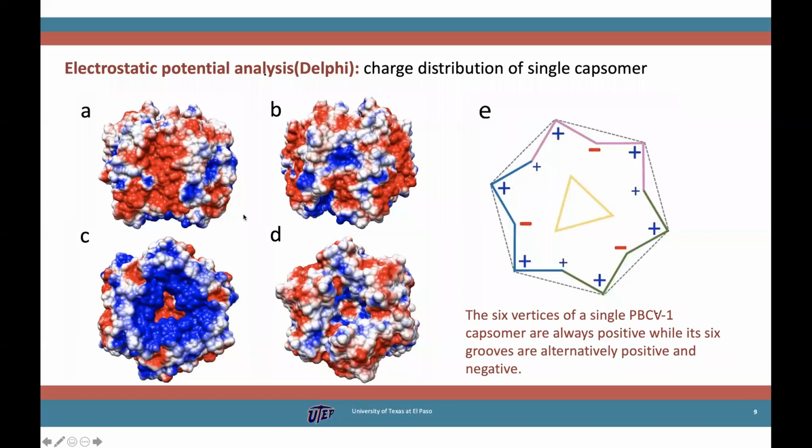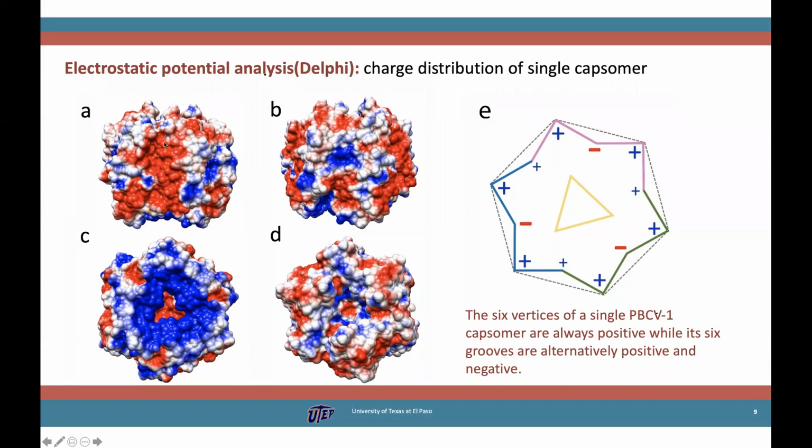First we use Delphi to do the electrostatic calculation, and we see the charge distribution is something like that. A and B are the side views of a capsid, C is a top view, and D is a bottom view of the capsid protein.